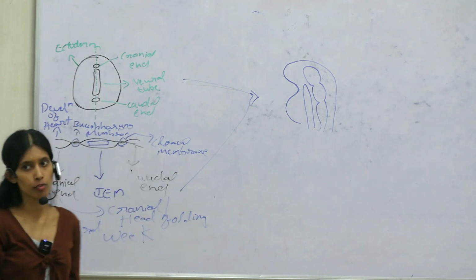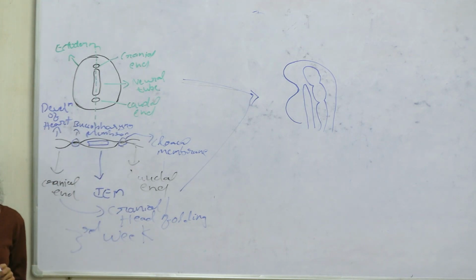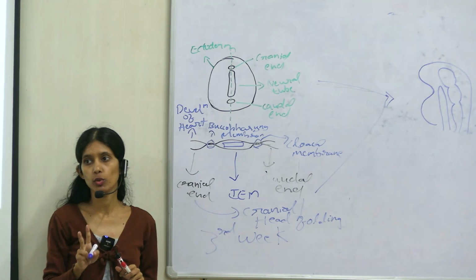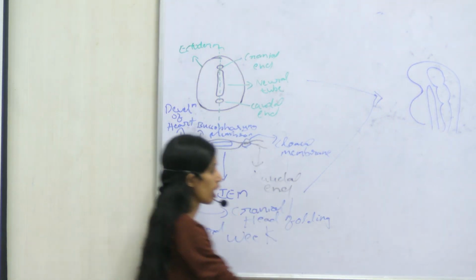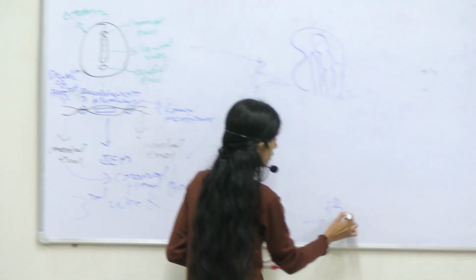We can see bulgings. There will be two important bulgings at this phase, and this event will happen in the fourth week.